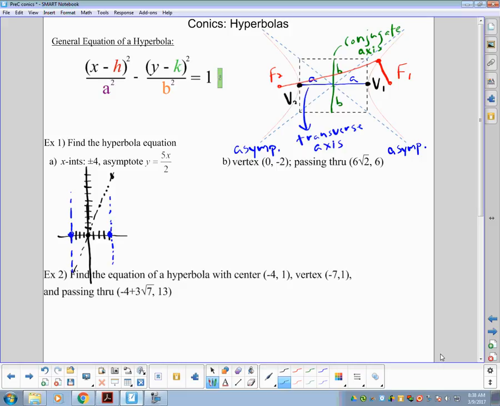What that tells me is I have to go up 5 and over 2 twice to get all the way over to the right edge of my box. You see that? Up 5 and over 2 just one time won't get me there. So that tells me what the height of this box is going to be. And we won't draw the bottom half, we'll run out of room there. But that asymptote equation gives me the height of the box. It's going to go up 10 units from the center.